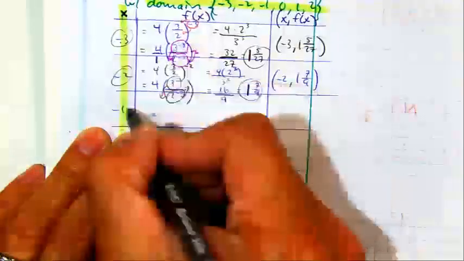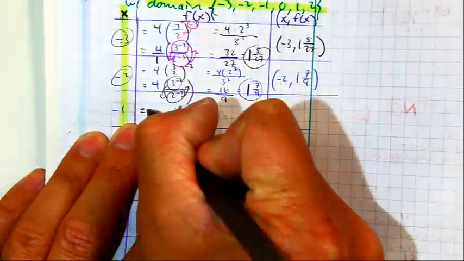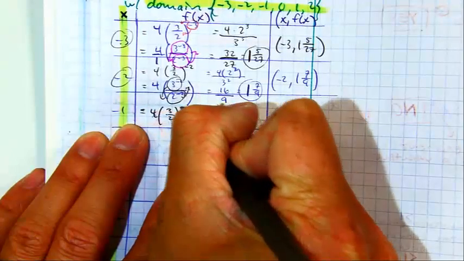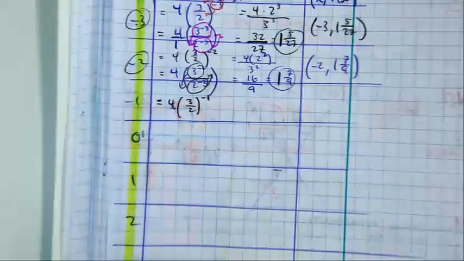Let's plug in negative 1. 4 times 3/2 to the negative 1 power. And there's a couple of ways of simplifying the exponent of negative 1. You can put all of this into a fraction over 1 and then take all of that and bring it downstairs, and you're dividing so you have a fraction in the denominator.